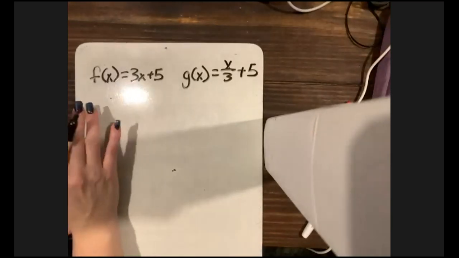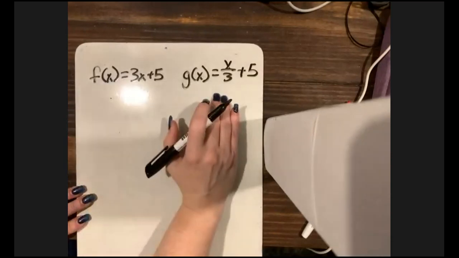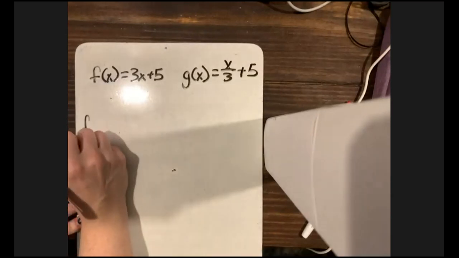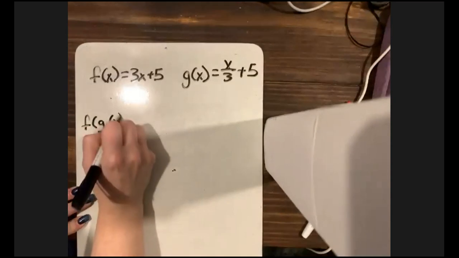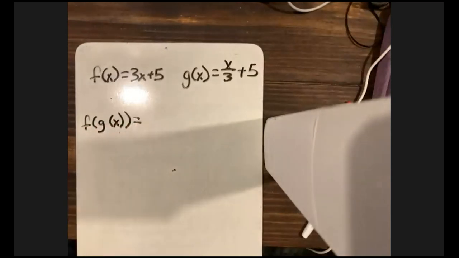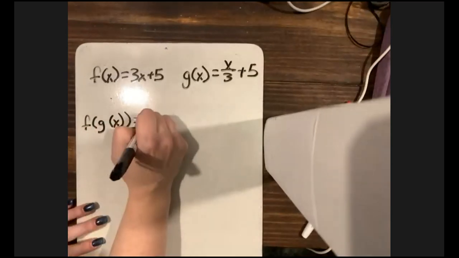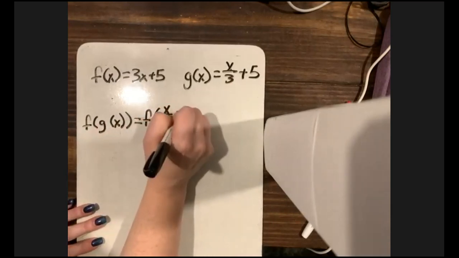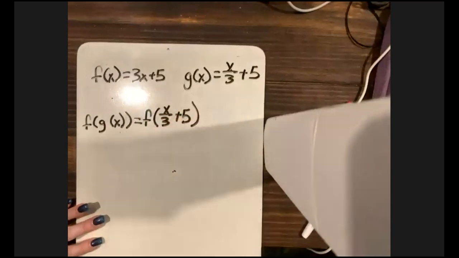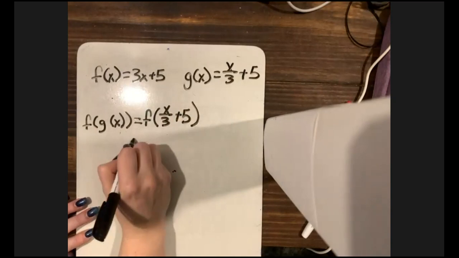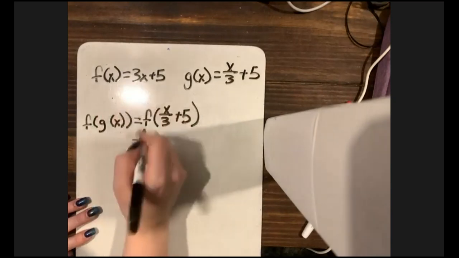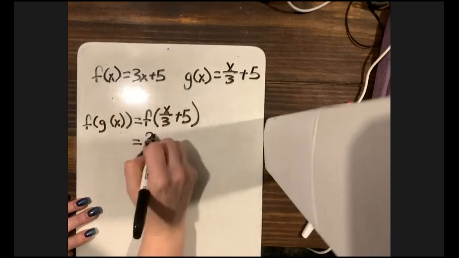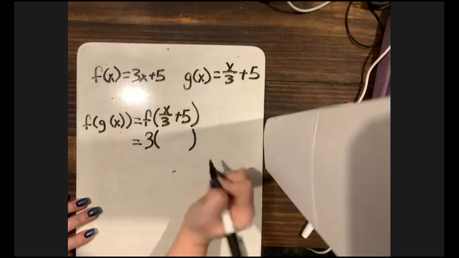Okay, so here we go. Here's f of x, here's g of x. First round, so kind of first date, is we're going to do f of g of x. So here we go. g of x is on the inside, so we're going to plug this in. Now I'm going to write my f function, 3. When I get to the x, I'm going to put that big set of parentheses.